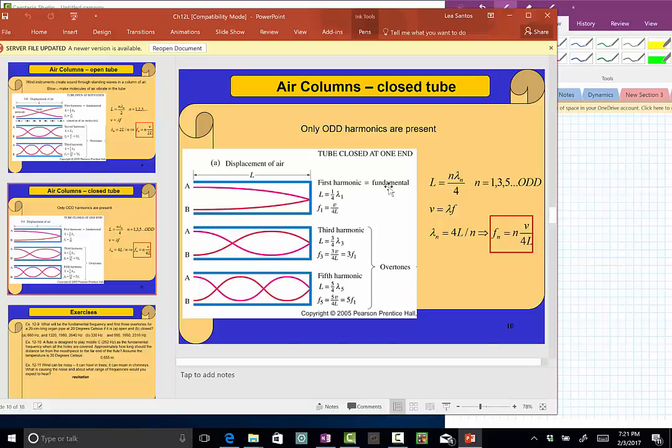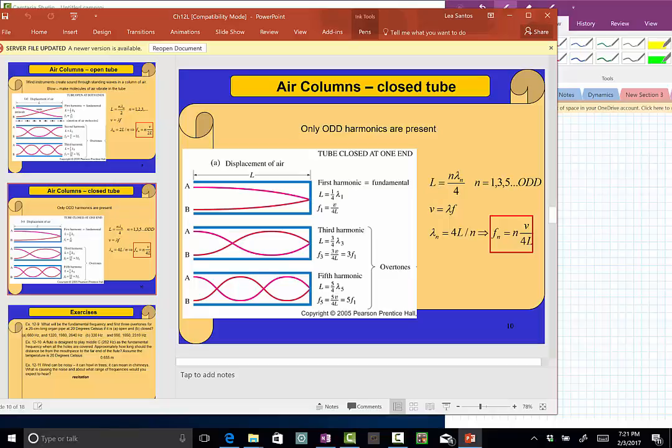Now, we have the fundamental and the other overtones, but we go on skipping the even harmonics. Now we have here in the numerator only odd numbers. So my general equation is a little different.